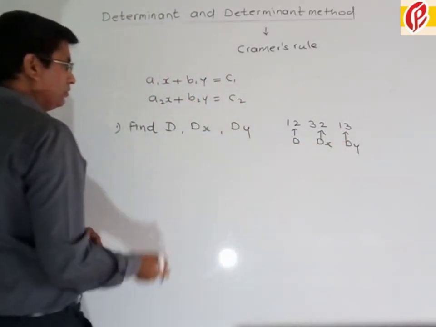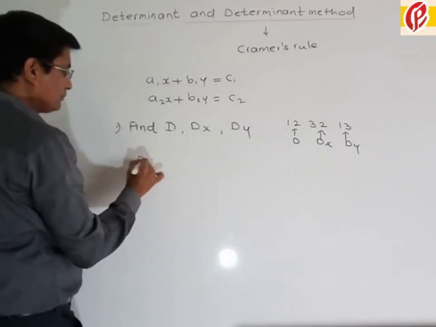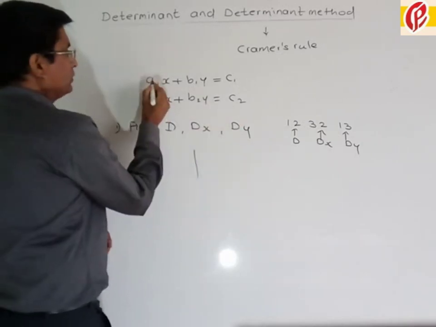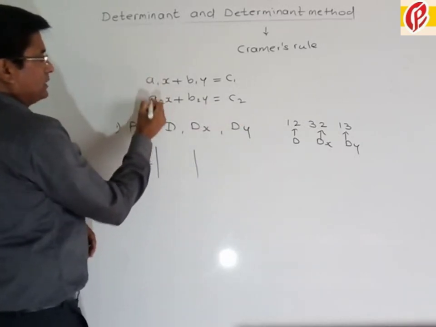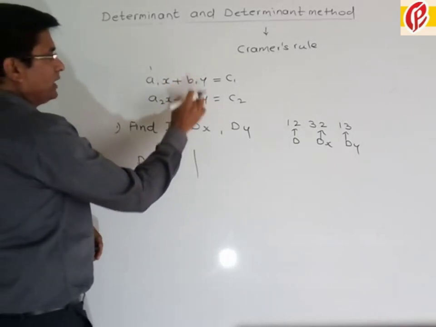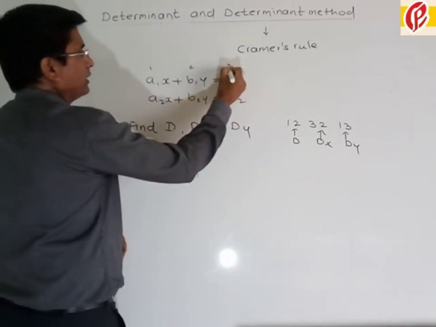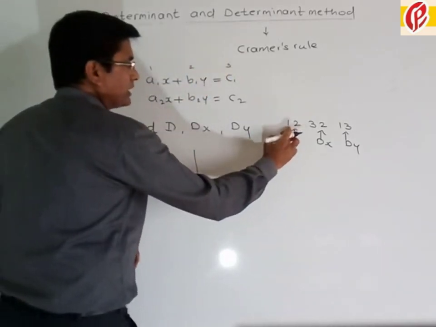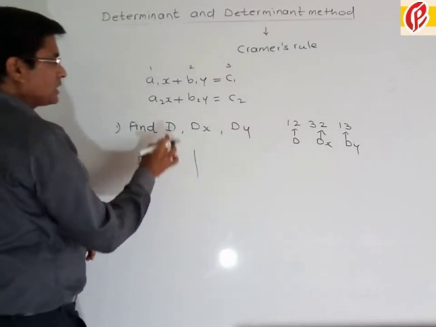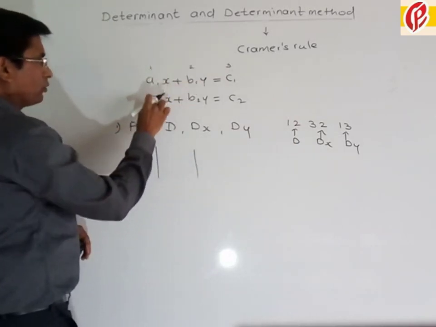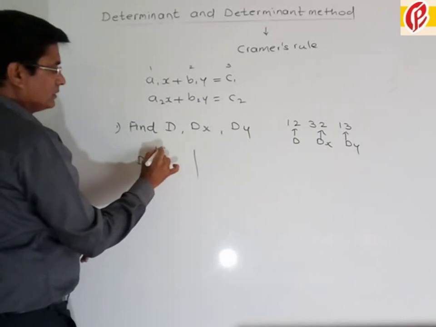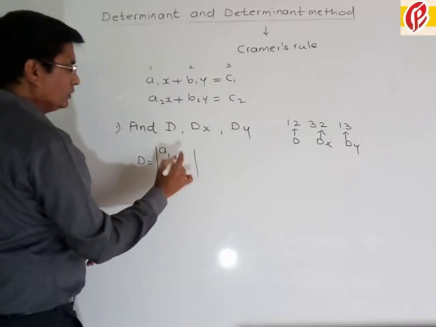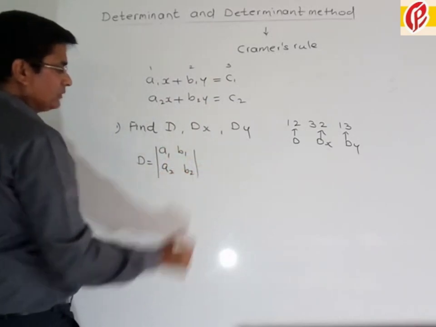Now I will write the determinant D. The coefficients of x are under 1, the coefficients of y are under 2, and the constant numbers are under 3. For D, the number is 12, which means the coefficients under 1, that is a1 and a2, and the coefficients under 2, b1 and b2.